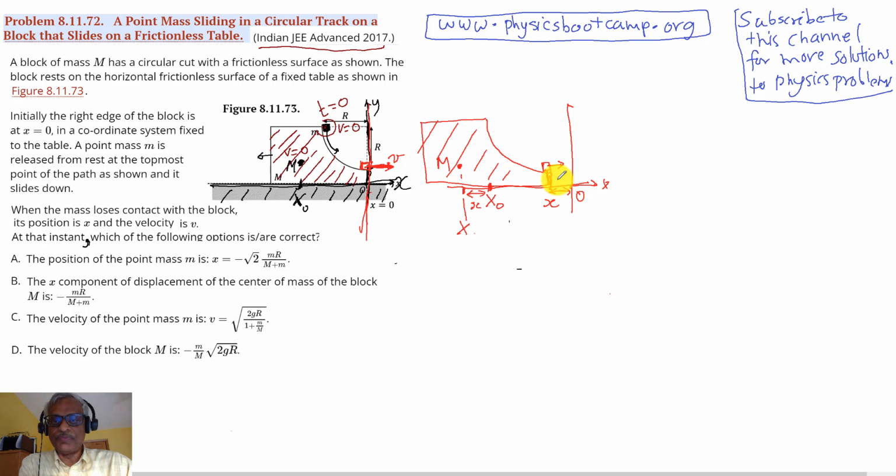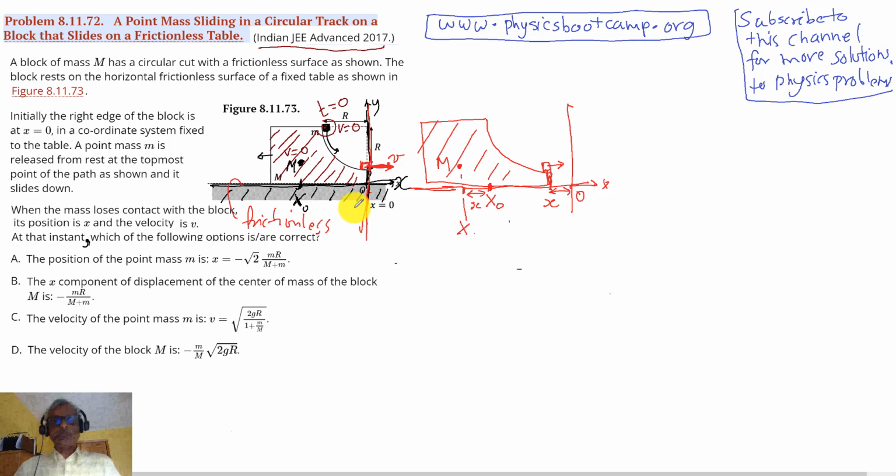There are no external horizontal forces. So if you look at these two together, there is no horizontal force. It's frictionless. Right.